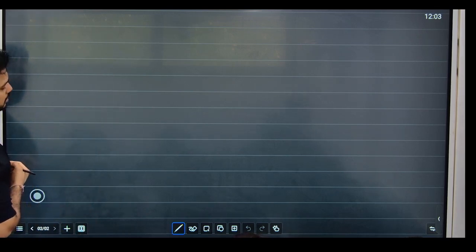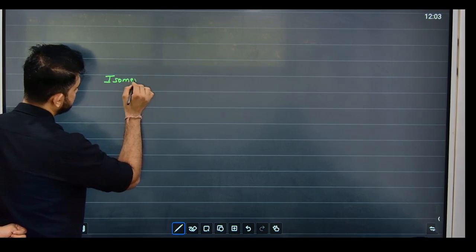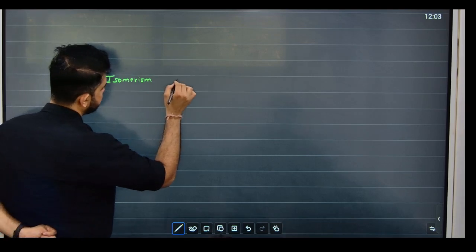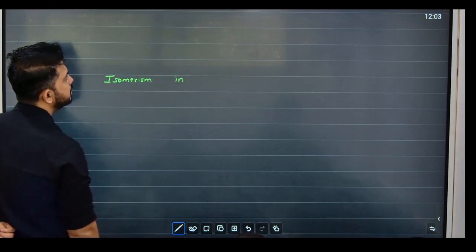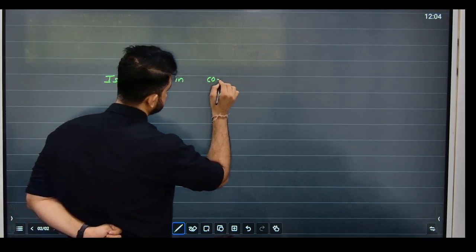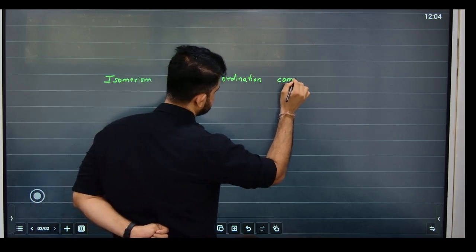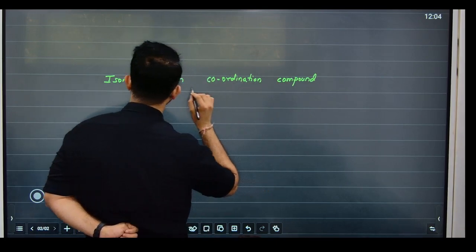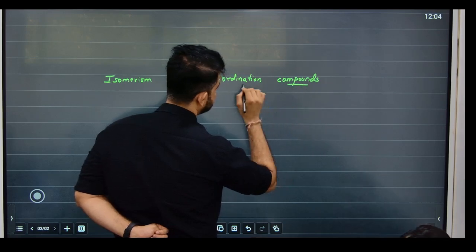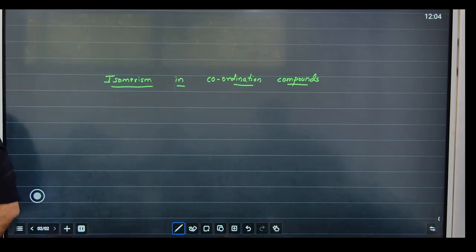It does not take into account, next point, CFT does not take into account the covalent bonding nature between metal and ligand.